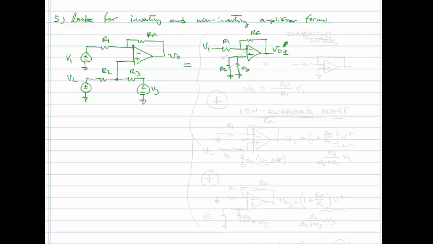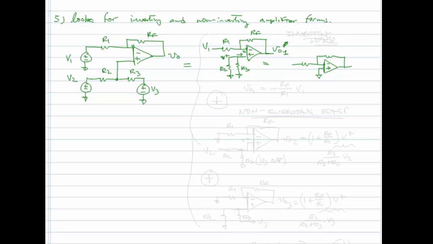This is equal to this, where the non-inverting input is grounded. Because there's no current flowing into either input of my op amp, the presence of R2 and R3 has no effect on the voltage V plus. Because there's no current flowing, I might as well take them out.